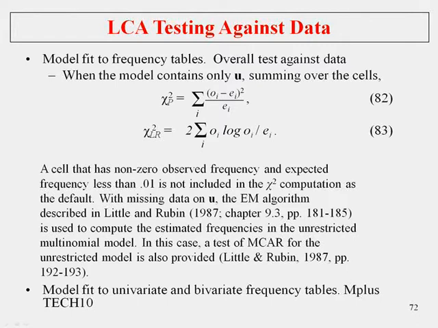So if you have, say, 10 variables, instead of looking at the 10-variate table, you look at each of the bivariate tables, 10 times 9 divided by 2 bivariate frequency tables. And in Mplus language, that's looking at Tech 10.